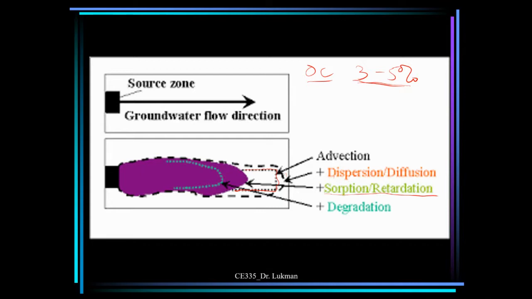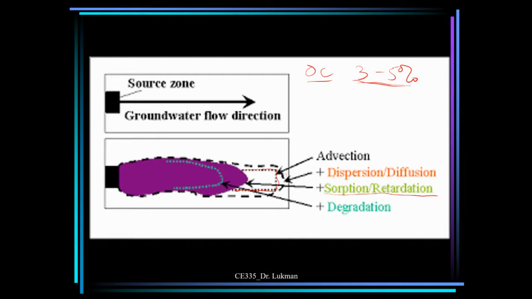It will try to separate from the liquid to get attached to the soil grain, and that is somehow reducing the speed of the fluid. That is called retardation. Retardation is simply deceleration. Acceleration is the increase in velocity with time, while deceleration is the decrease, the opposite of acceleration.